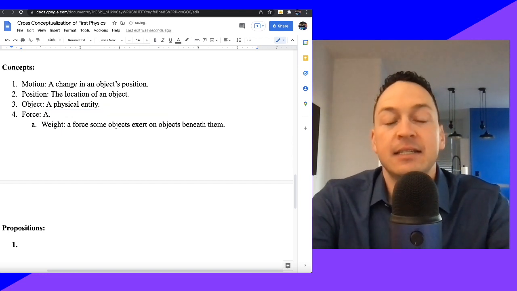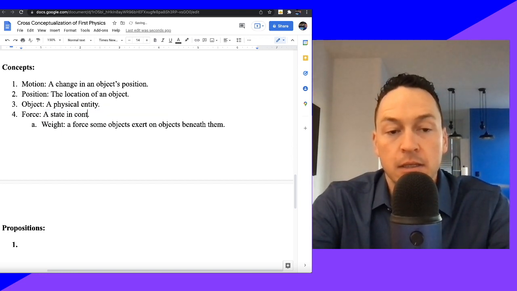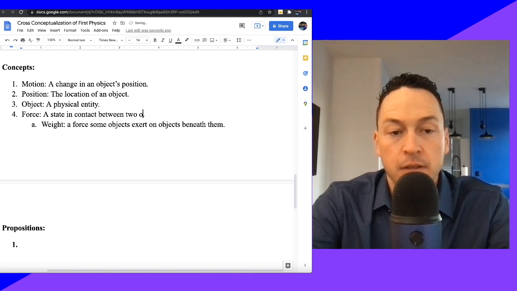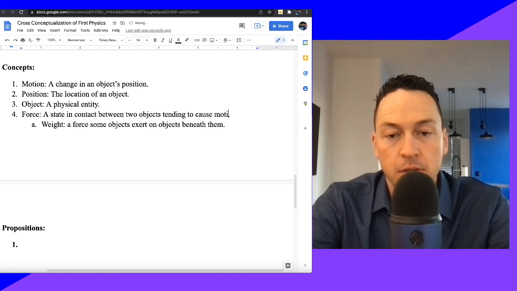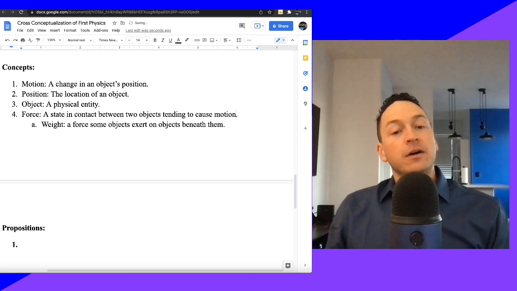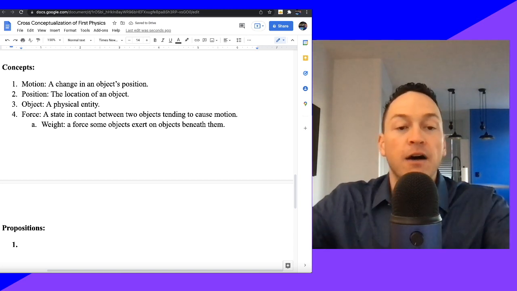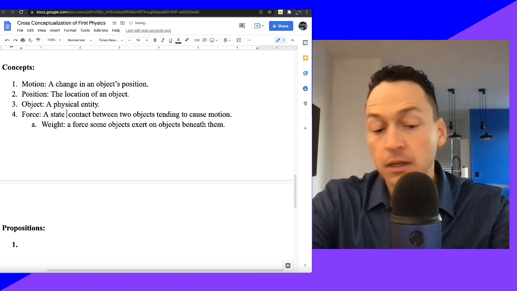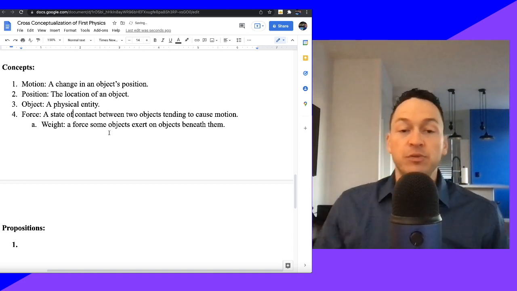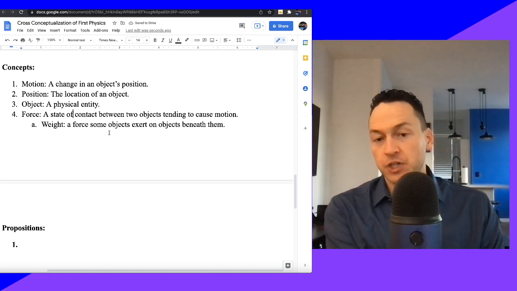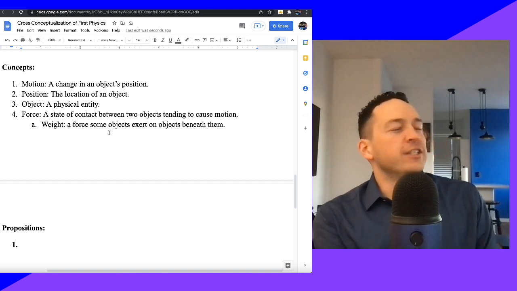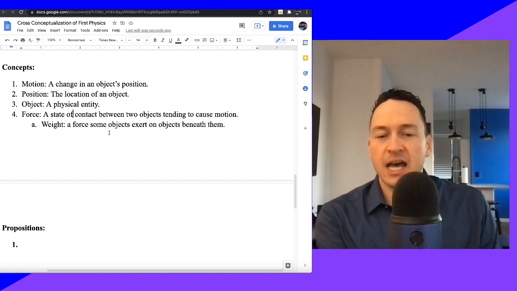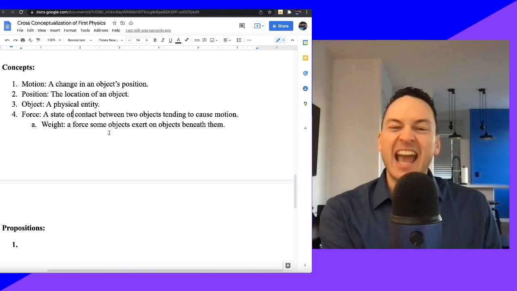A state of contact between two objects tending to cause motion. So what you say here is it doesn't always cause motion, but it can. So, well, does it tend to cause motion?